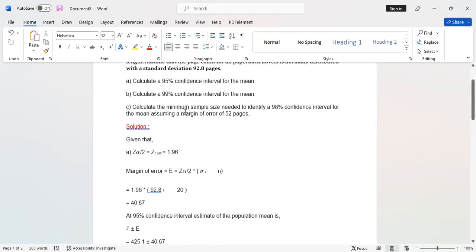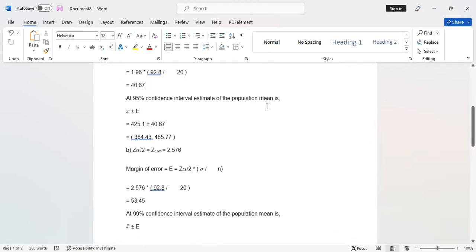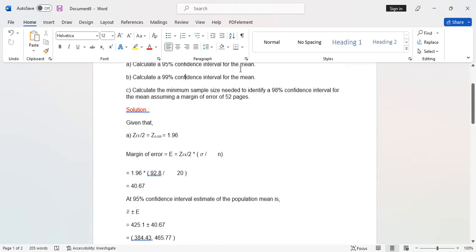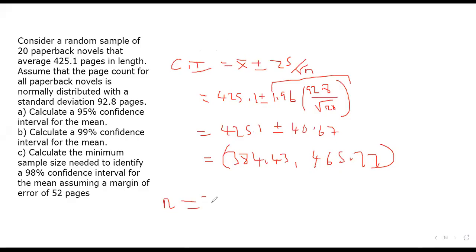Then calculate the minimum sample size needed. Here we're being asked for N. How do you find N? N is Z squared times S squared over E squared. What are we given here? Our Z is 2.33.